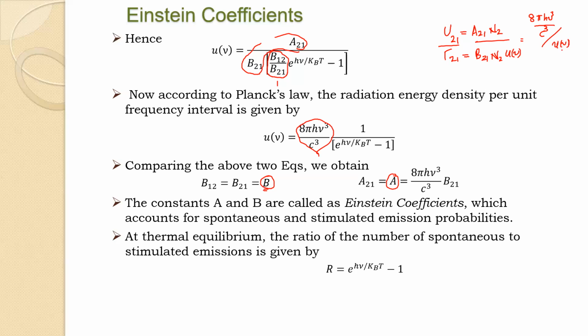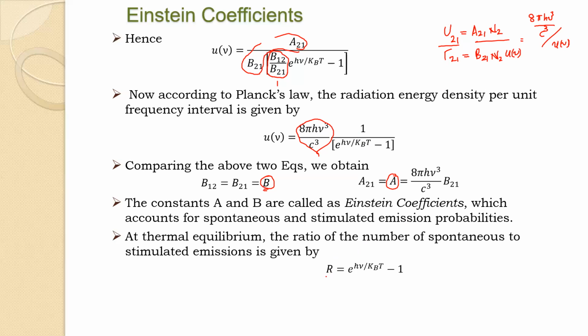Okay, in the expression of u of nu, this quantity, 8 pi h nu cube divided by c cube, cancels out, and the denominator in the u of nu will go to the numerator.